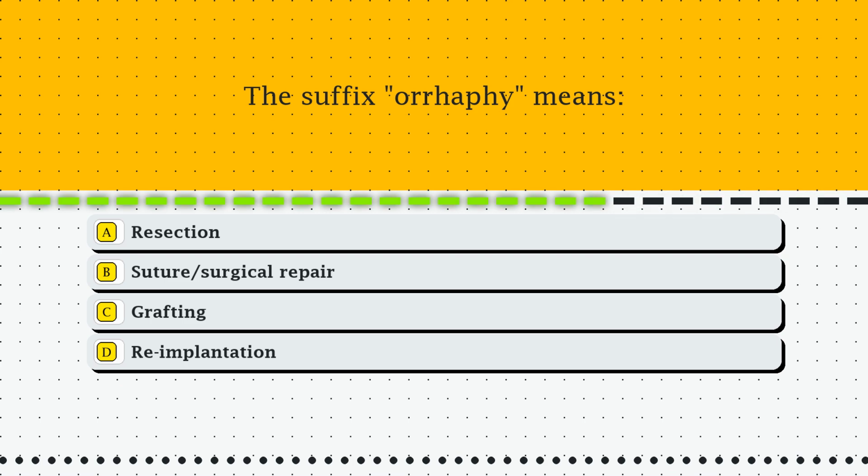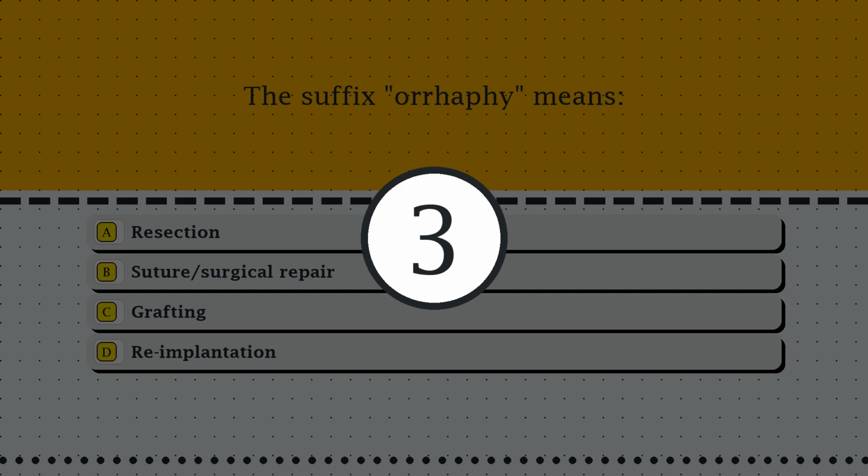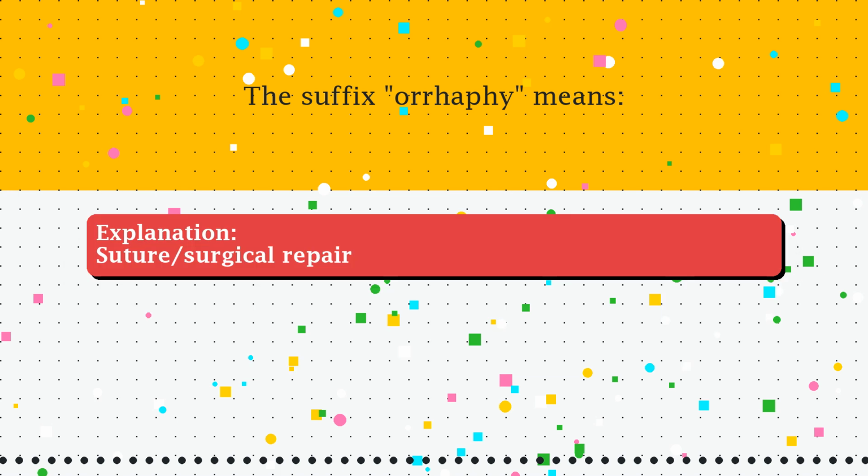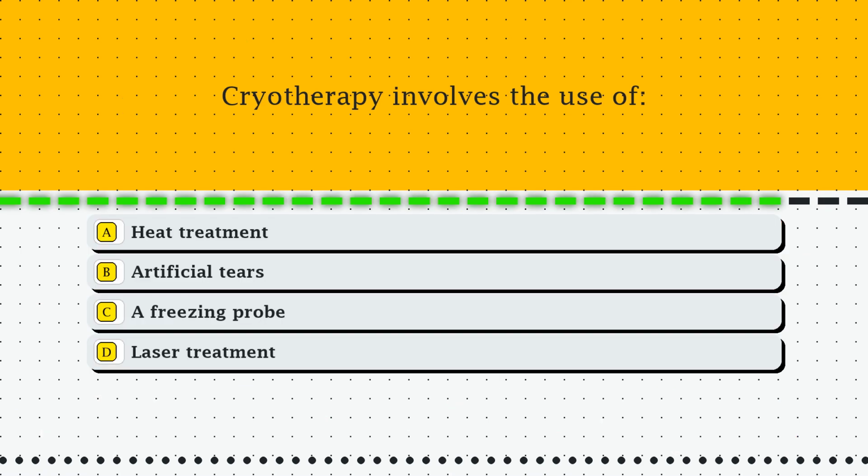The suffix -orrhaphy means option A, a resection, option B, suture/surgical repair, option C, a grafting, option D, reimplantation. The correct answer is option B, suture/surgical repair. Question 157.